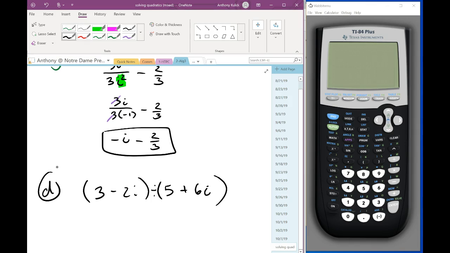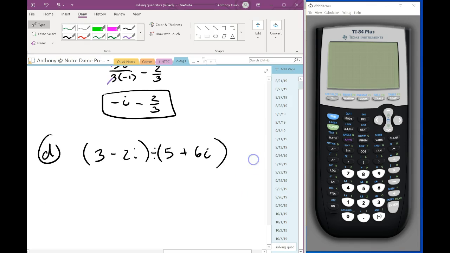So when I have complex divided by complex, what's up? Are we on E? Oh, C? Okay. All right, my apologies. So what I'm going to do is write this as a fraction to start with.